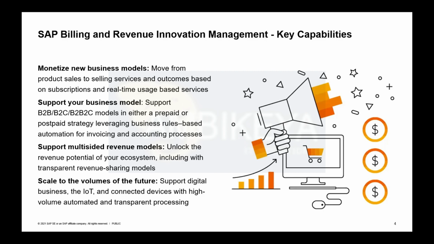We also have different payment methods we are able to handle in this architecture, either prepaid or postpaid strategies. In invoicing and accounting processes, we have a high automation because we can parallelize mass processes.